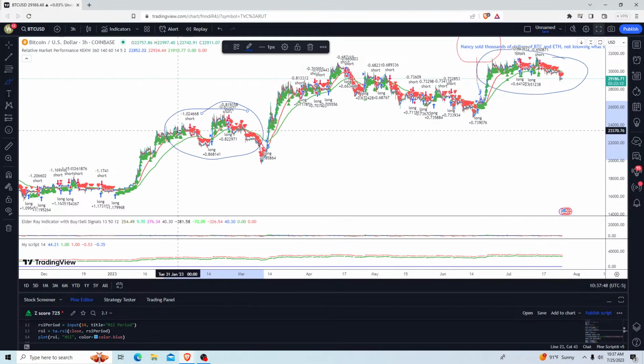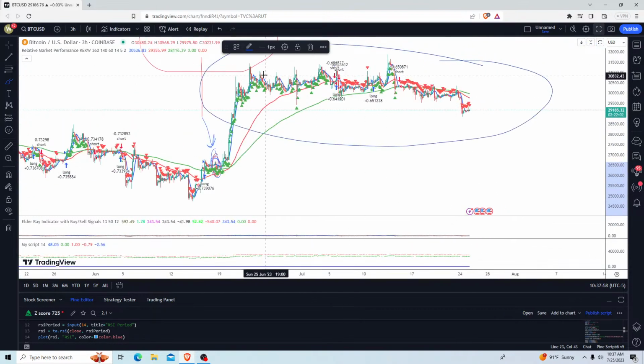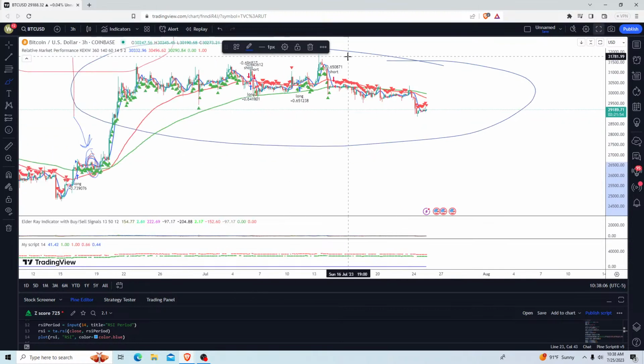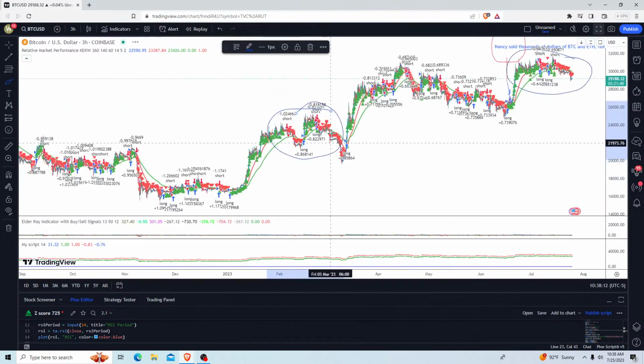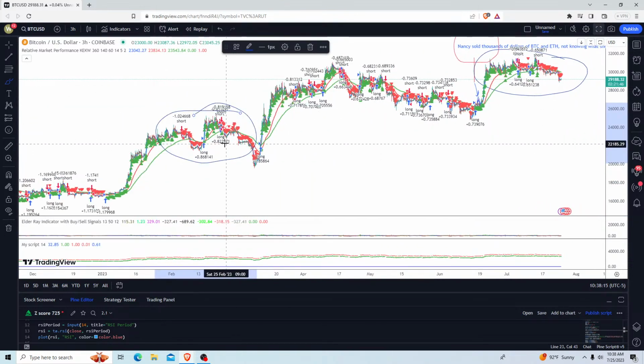Because we come up to this high, we pull back, break out to a higher high, but that's the fake out, right? We get these highs right over here, right? Okay. We break out to almost 32,000, but that's actually the fake out, right? That's what just happened right here.